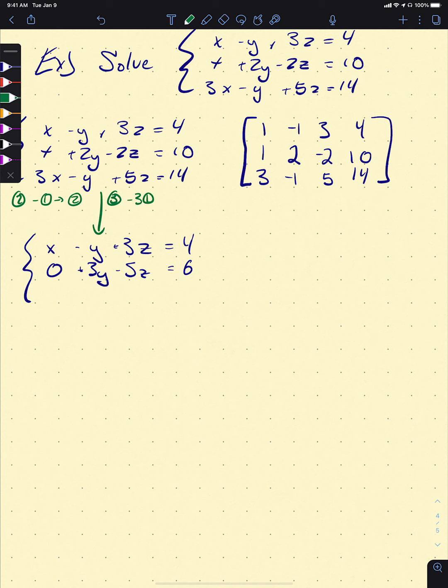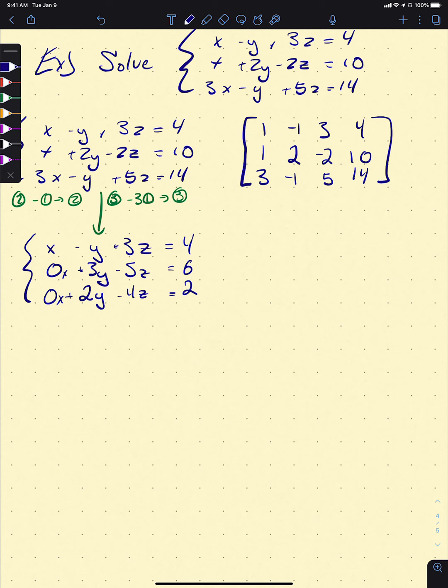Equation 3 minus 3 times row 1 redefines equation 3. And when I do that, what am I going to get? Well, I'm going to get 0 x's again, right? It's going to come out to a total of 2 y's, a total of minus 4 z's, and then 4 times -3 plus 14 is 2.